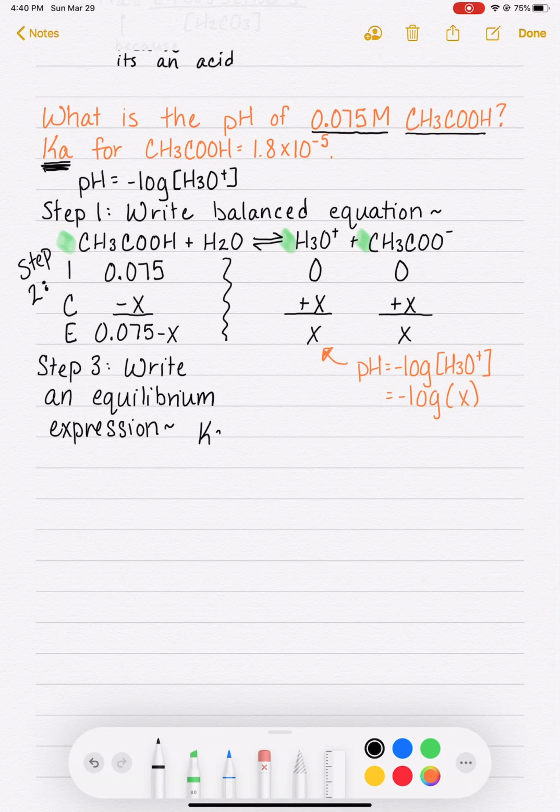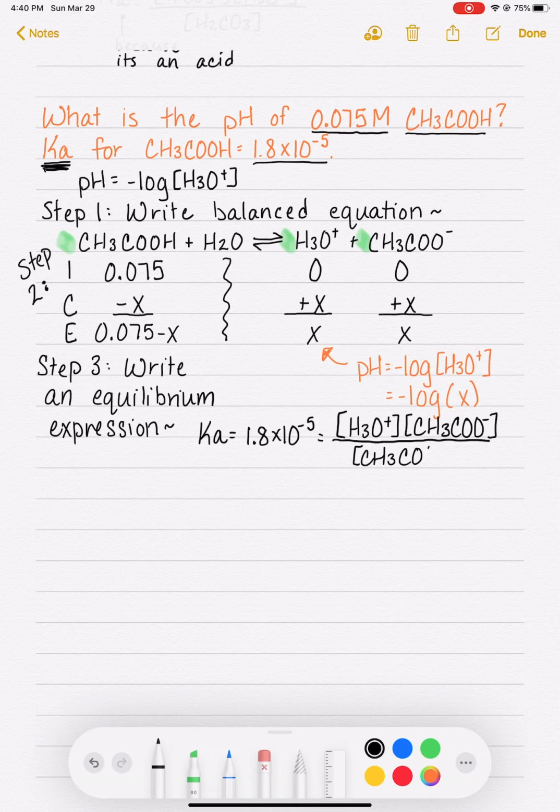We actually know the value of the constant, 1.8 times 10 to the minus 5. And for this particular reaction, it is products, H3O+ and CH3COO-, over the reactant CH3COOH.